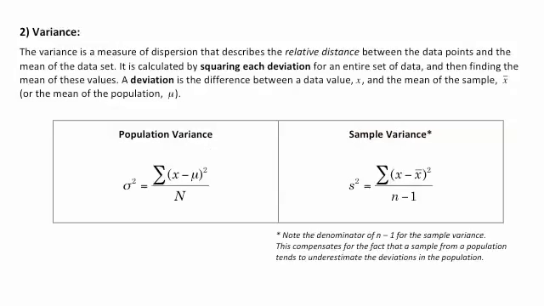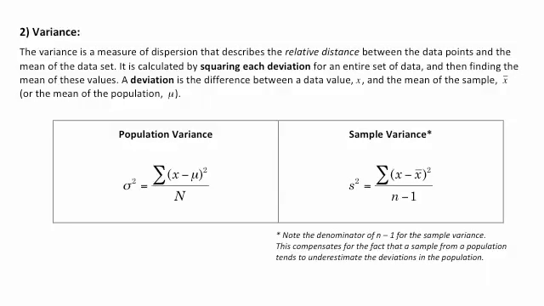Variance, on the other hand, is a measure of dispersion that calculates the relative distance between the data points and the mean of a set of data. So the way that we calculate this is by squaring each deviation for an entire set of data and then finding the mean of those values.